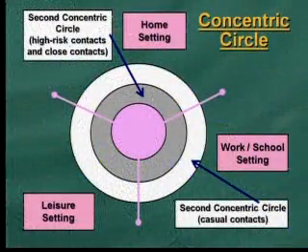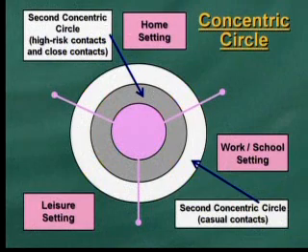Okay. So let's look at the concentric circle approach. Here we have a basic outline. Now this concentric circle, if you research this or you Google or go on the web, you'll find a lot of concentric circle approaches. But this one here looks at specifics for contact investigation of TB.